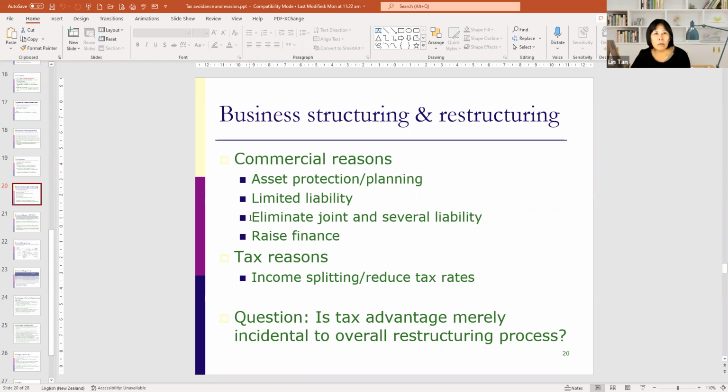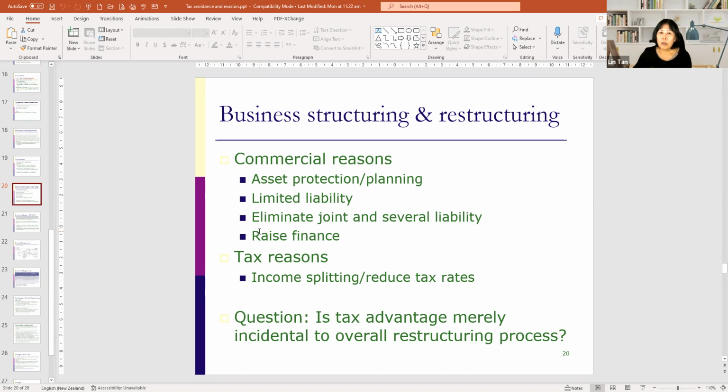Sometimes, let's say they are already running the business in the form of a partnership and they don't quite like this joint and several liability and they want to eliminate that. Therefore, they want to go forward and restructure the partnership to some other structure. So that is another good commercial reason which they can put forward for restructuring. And sometimes certain structures help them to raise finance more easily than other structures. So these are commercial reasons.